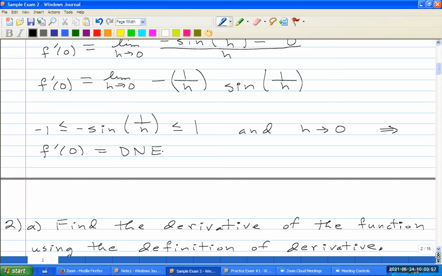Neither, and actually none of their one-sided limits exist either.